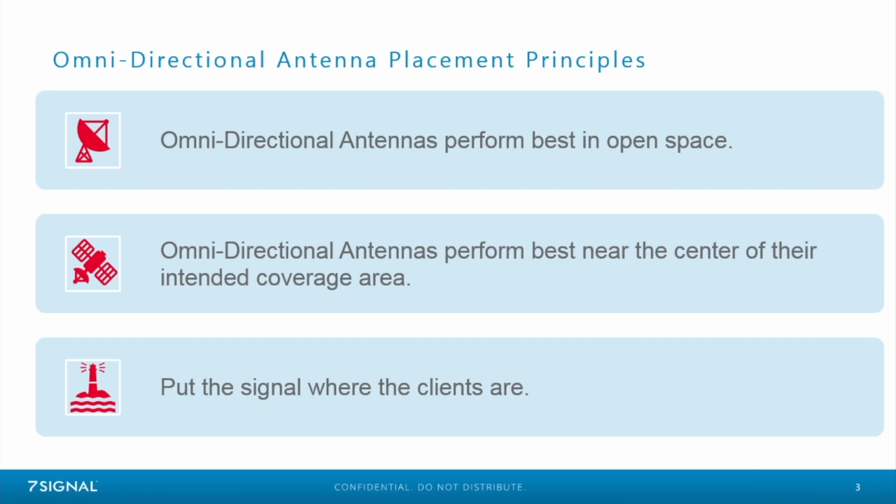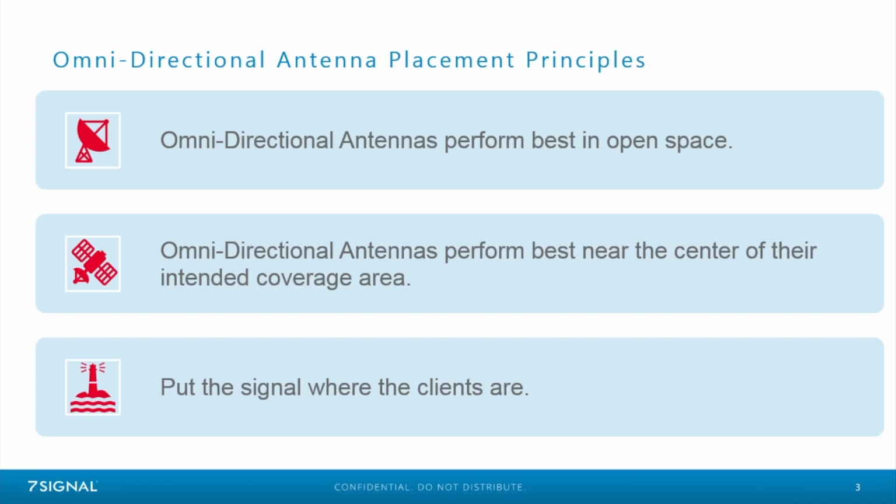We're not really going to talk a whole lot about directionals today, but we've come up with 3 broad principles for locating omnidirectional antennas, and we're going to talk about some ways to install them that violate one or more of these principles.